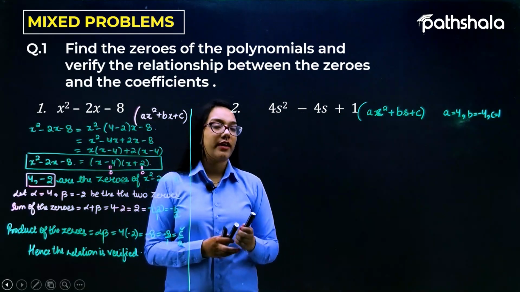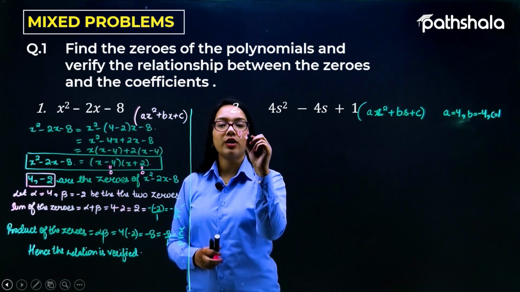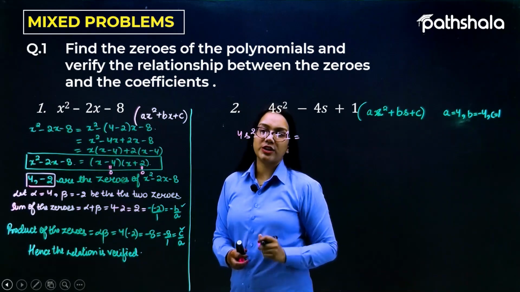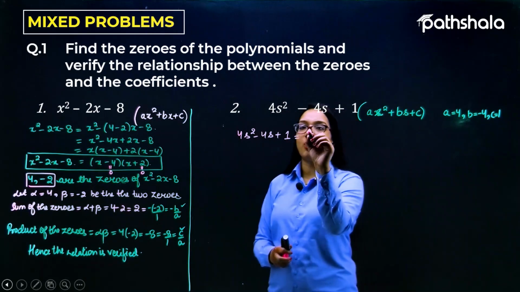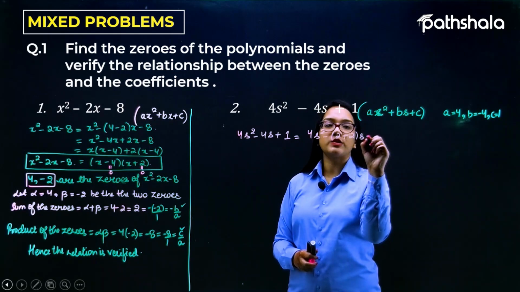Now let's find the factors or the zeros of this. First of all, 4s square minus 4s plus 1 can be expressed as 4s square minus 2s minus 2s plus 1.